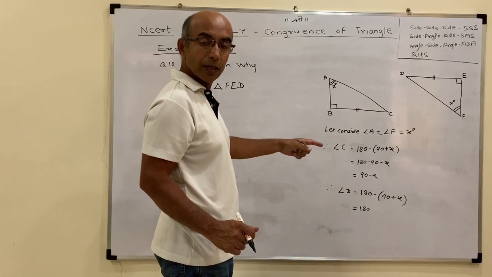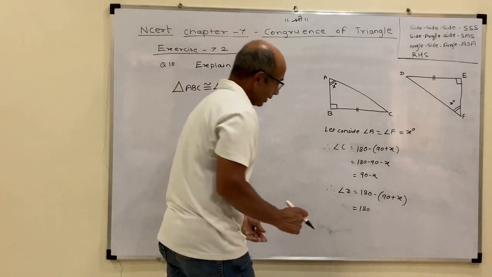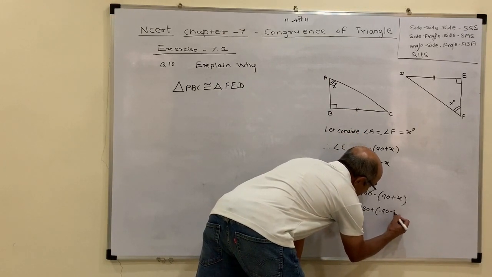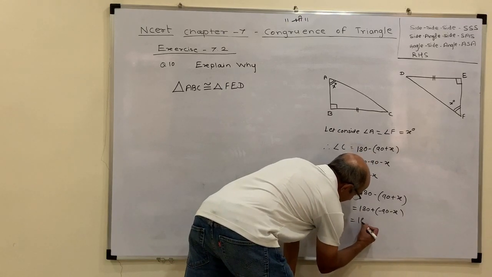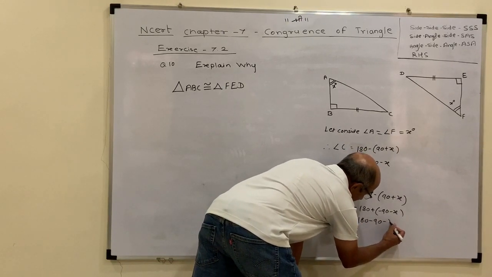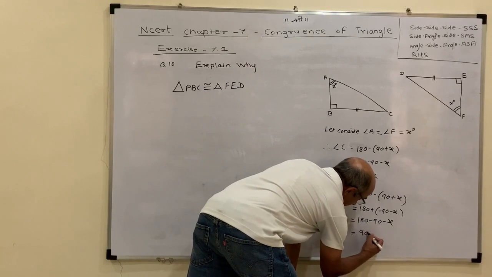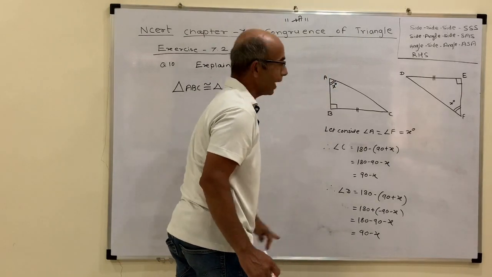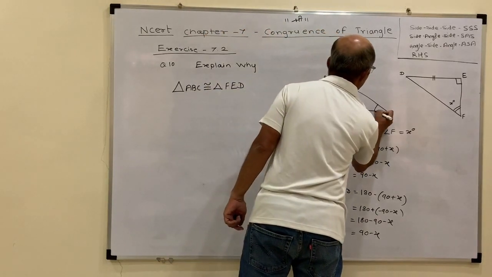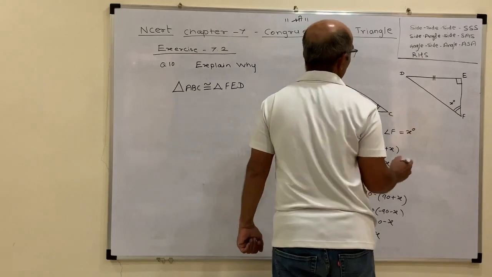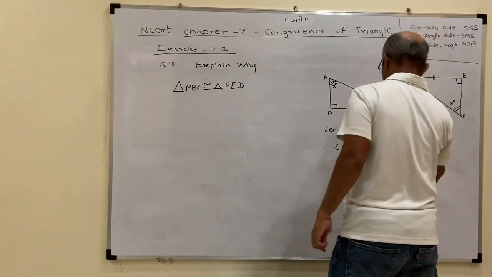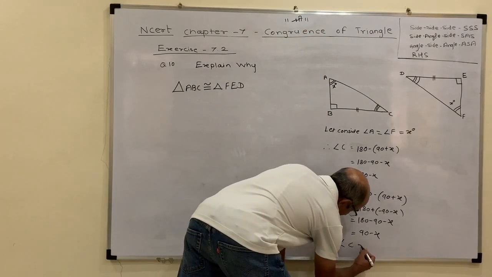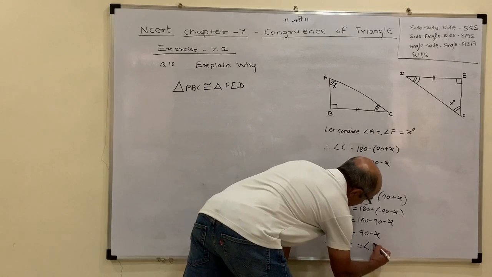Minus is the inverse of addition. So inside, it becomes minus 90 minus x. So it comes out to be 180 minus 90 minus x, that is 90 minus x. So my angle C and angle D both are 90 minus x. So they are equal. Therefore, we can say angle C equals angle D.